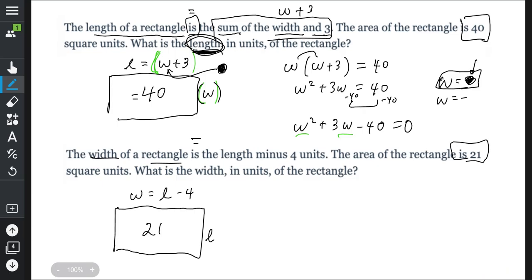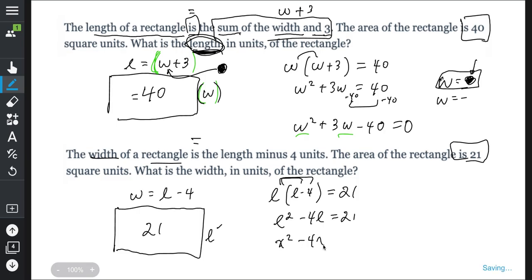Okay. For this problem, you're going to multiply L times L minus 4 is equal to 21. And then you'll get L squared, by distributing, minus 4L equals 21. Let me just go back to x's. x squared minus 4x minus 21 equals 0.